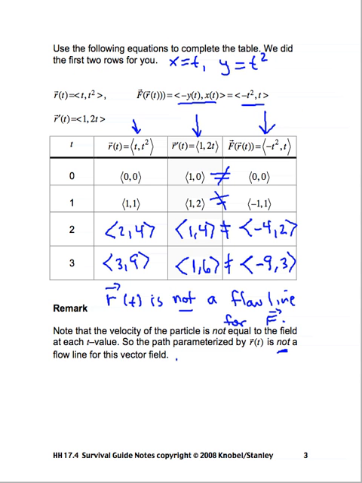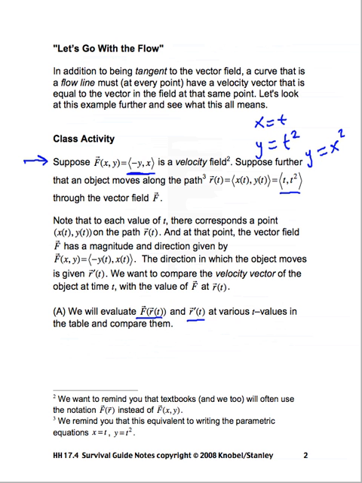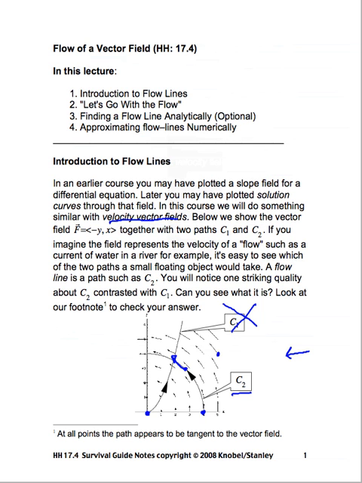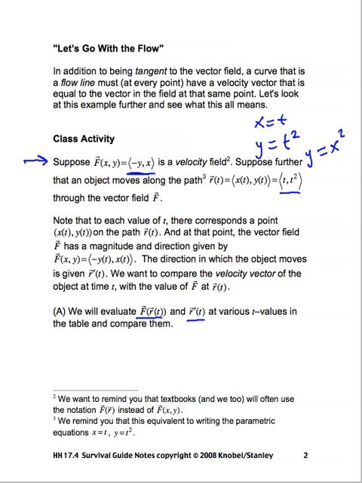So if I go back to the original vector field here, this f is minus y comma x. This is our vector field. And you can see that path C2 looks like a portion of a circle centered at the origin, counterclockwise orientation, and that's exactly what this path that we just found in part B gives you.